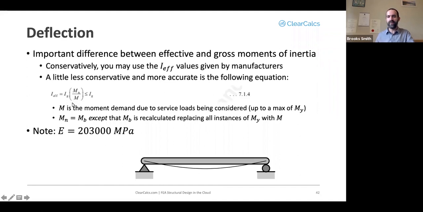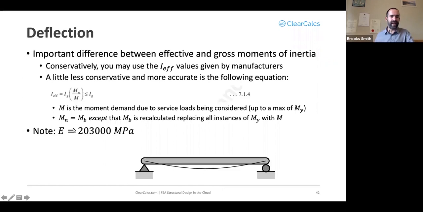So for this, your capital M in the denominator there is the moment demand due to your service loads that you're considering. So whether that be permanent and imposed loads or just permanent loads or whatever you're using for your service loads, set that equal to the moment that's going to result from that.